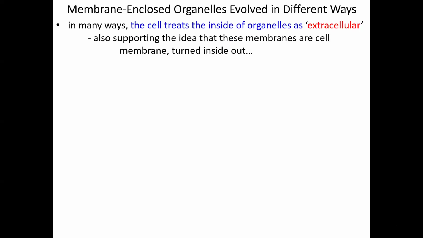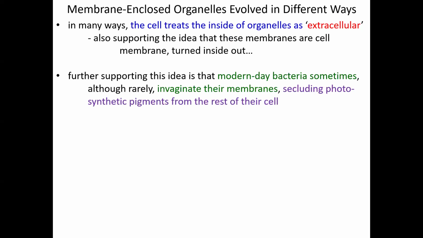And so the inside of organelles has the same pH, the same characteristics as the extracellular environment. We see this even now today. So this supports the endomembrane hypothesis that current organelles are really just cellular membranes turned inside out or invaginated from the outside world.